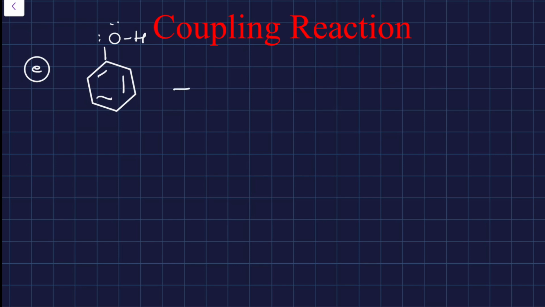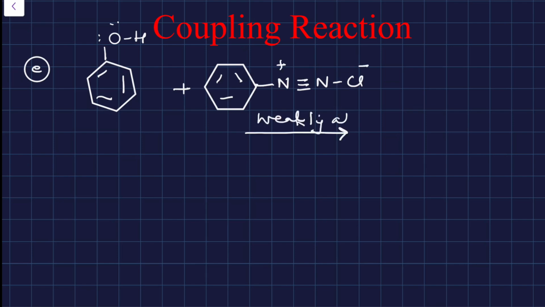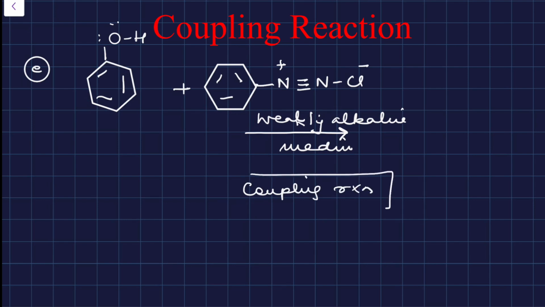If you take phenol and you treat it with benzene diazonium chloride in weakly alkaline medium, a coupling reaction takes place. This is known as the coupling reaction.